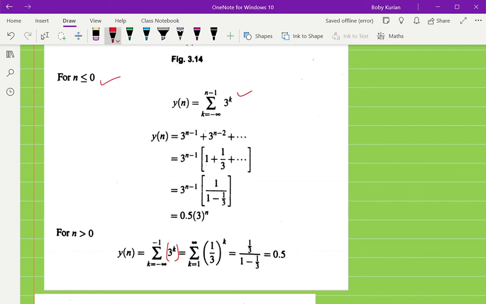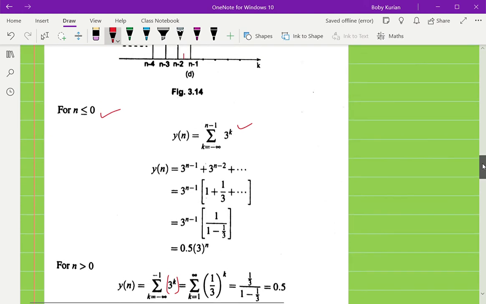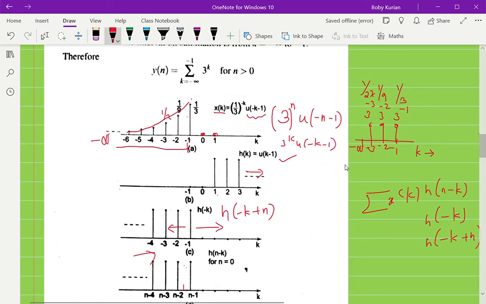So what is the significance of n less than 0? When n is less than 0, you can see this h of k, this section.